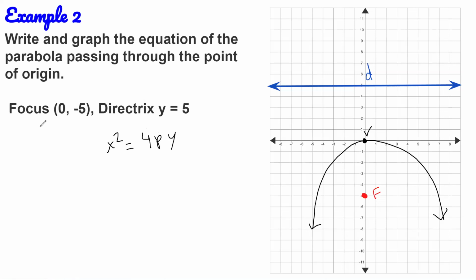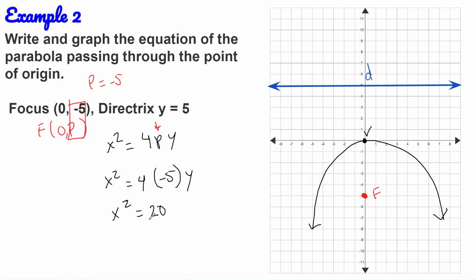My focus is at 0, p, so what's the value of p? -5. So p equals -5. I'm going to substitute that value. I have x squared equals 4 times -5 times y. Let's simplify: x squared equals 20y, however it's -5, so it's -20y. Then divide by -20.